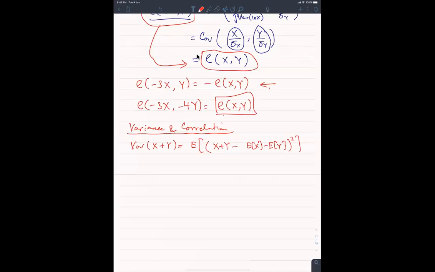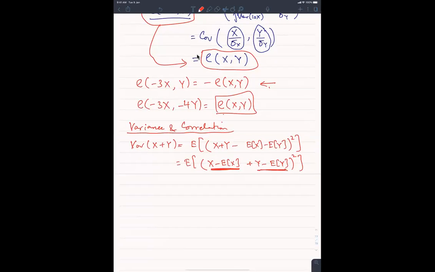Let's expand this a little: bring x minus expected value of x here, plus y minus expected value of y here, square it and open the square. Treat this as a plus b whole square. So this would be equal to variance of x plus variance of y plus 2 times correlation times sigma x sigma y.